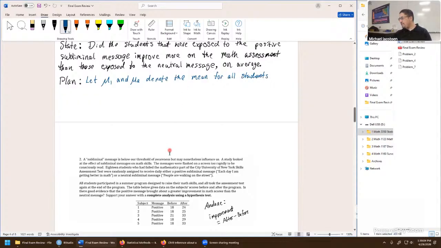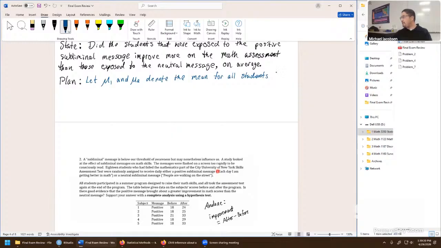And they had to specifically take the City University of New York skills assessment. So let's roll that into the context. We're not talking about all university students in even New York. We're talking about that particular demographic of students.